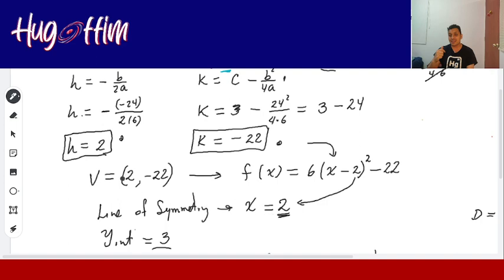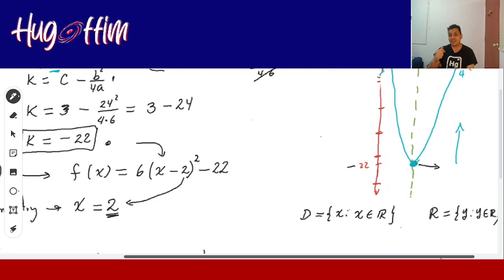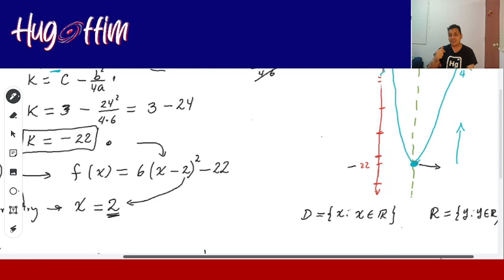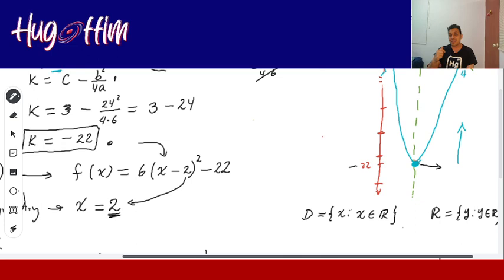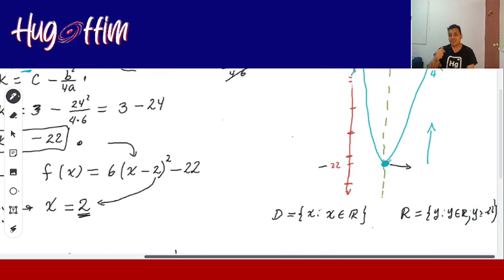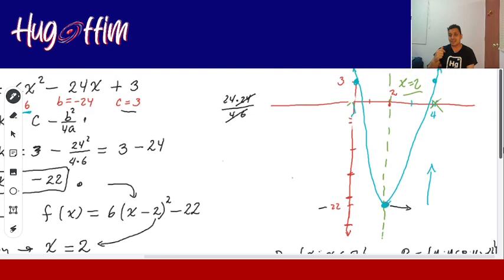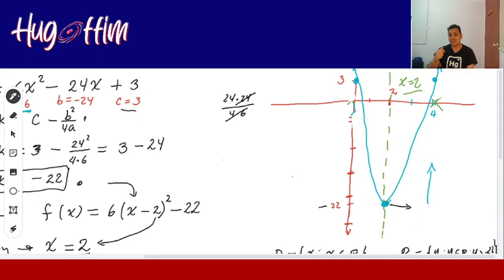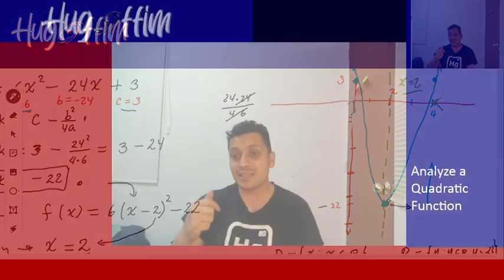The line of symmetry is going to help you get the form of the function, and A is going to tell you if it's concave up or concave down. And finally, you can calculate the domain and range using the information you have and sketch the graph. And that's it. This is how you can analyze quadratic functions.